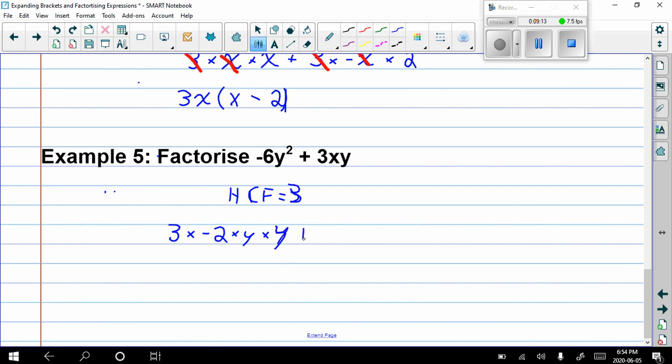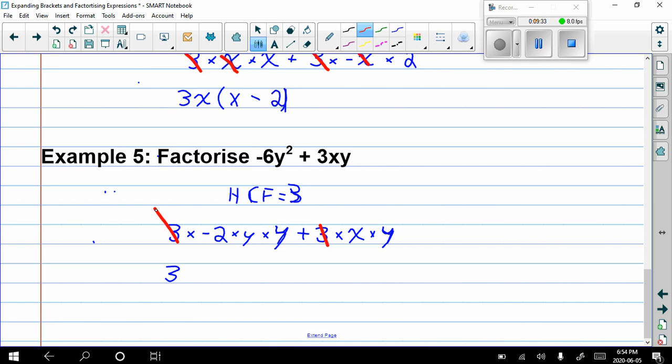And then our second one, we have 3 times by x times by y. Okay. We want to write our 3 out front because that was our highest common factor, and then we can cross it out. What do we have left that might be the same?